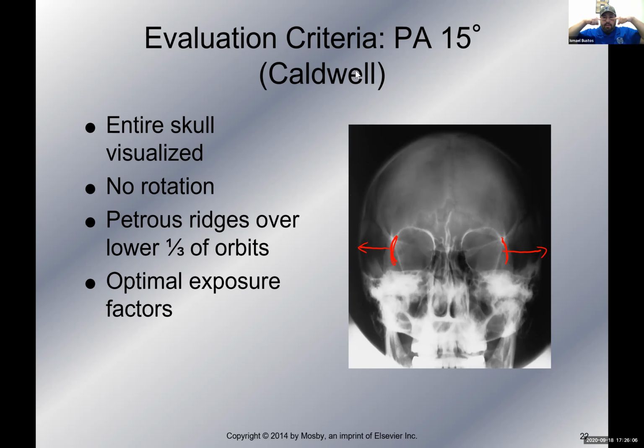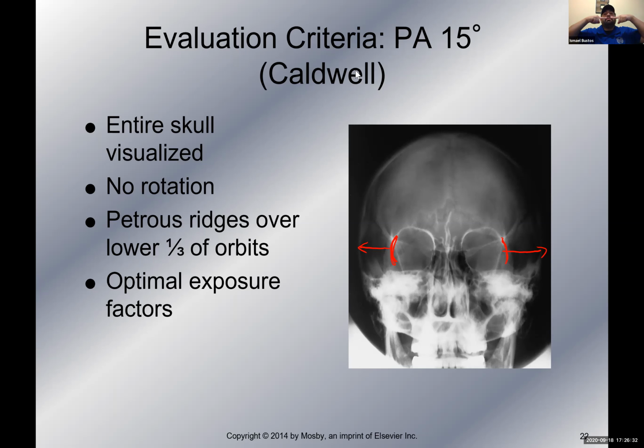If I increase extension, they go below, right? And whenever you increase extension, think of it as I'm increasing the angle between the CR and the OML, they go below. If I decrease extension, now they fill the orbits, and I've decreased the angle between the CR and the OML.